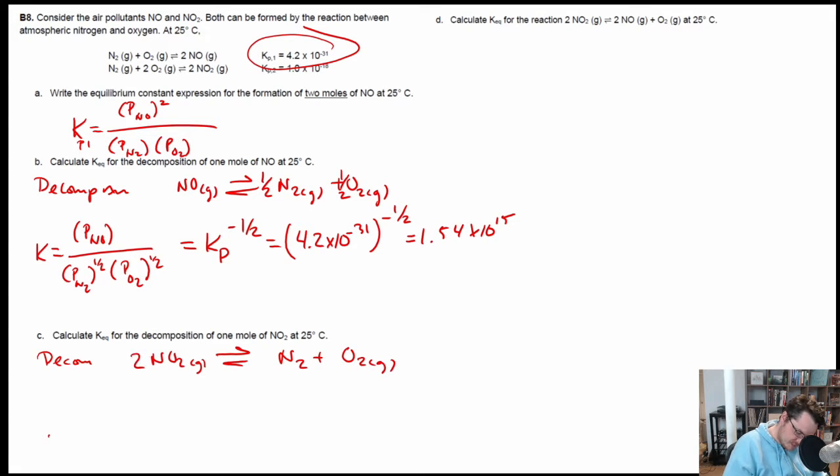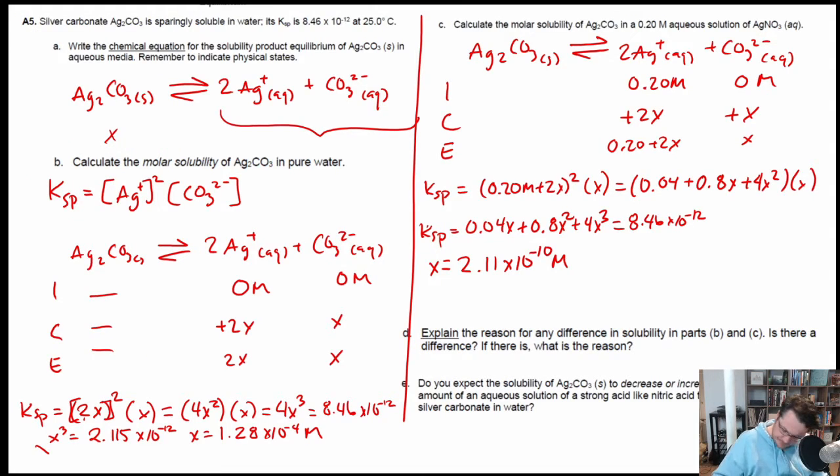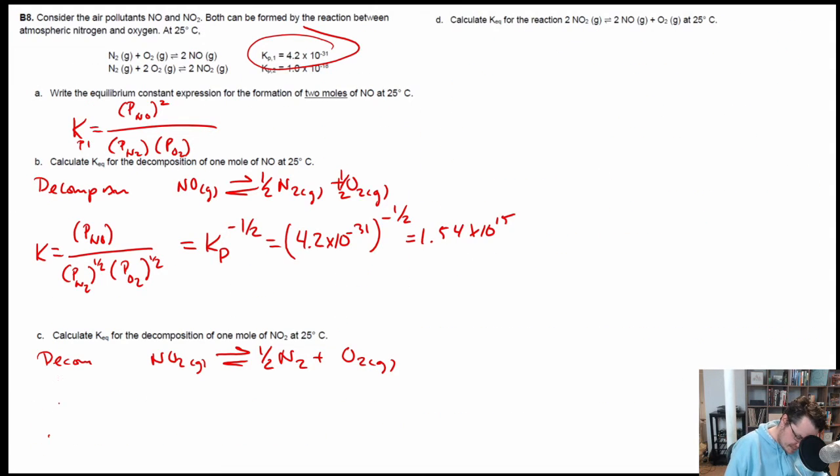Typically it's 2 and 2 in this scenario, but now we're only looking at it for 1, so we divide all of those by 2, and this gets divided to 1/2. Now if we look at this K expression, we have the partial pressure of, oh wait, this is also wrong. Sorry.